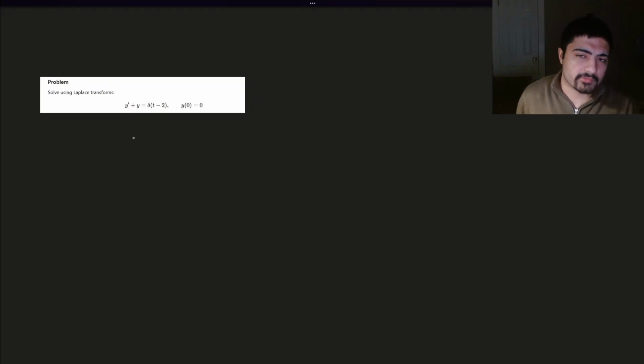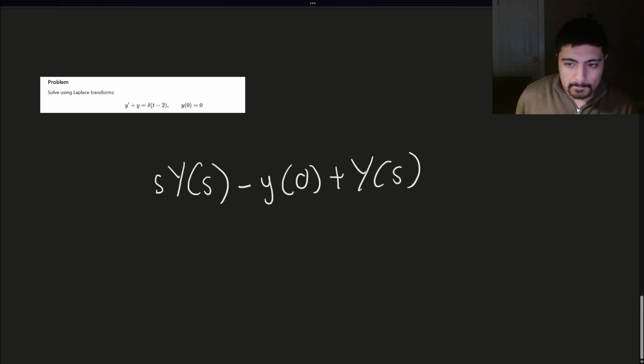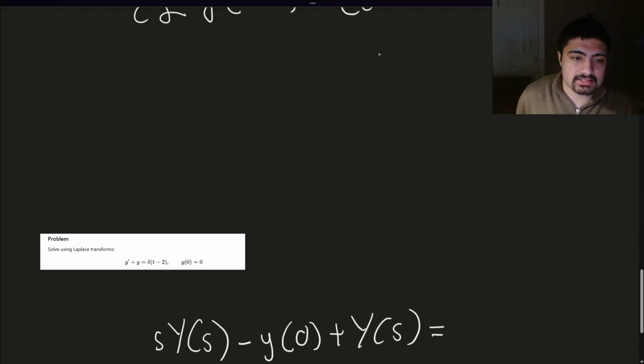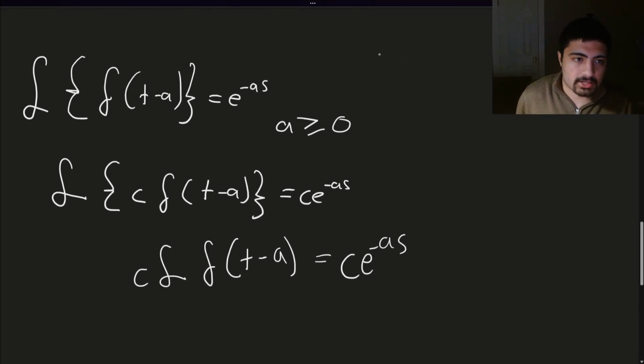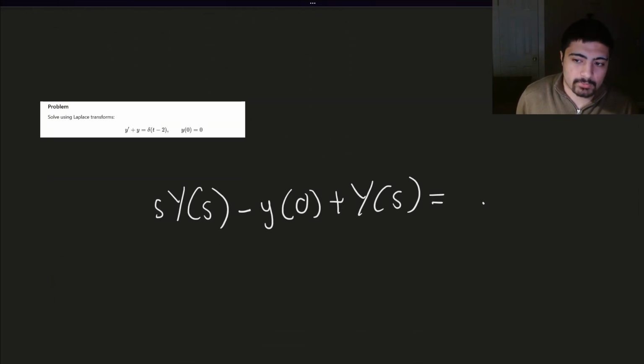So just like we solved every Laplace problem, we're going to take the Laplace of y prime, and the Laplace of y prime is going to be s capital Y of s minus y of 0 plus capital Y of s for the Laplace of y equals to, and we note that e to the negative as is going to be the Laplace for the Dirac delta function. So e to the negative as in this case will be e to the negative, and a is going to be 2. We call a the value of this part, e to the negative 2s. And this is pretty much the basic setup.